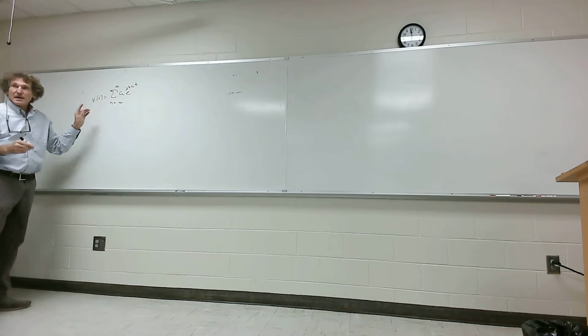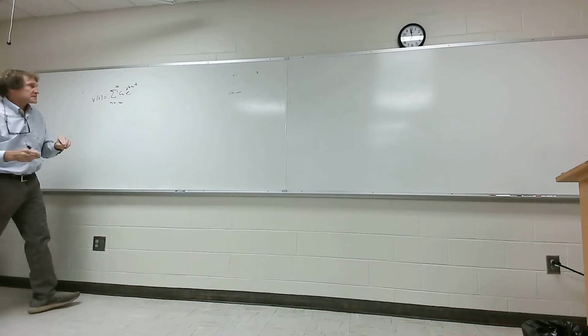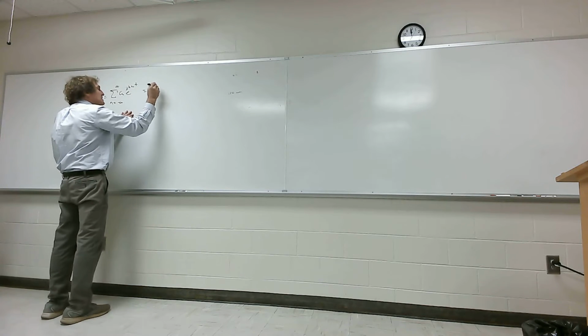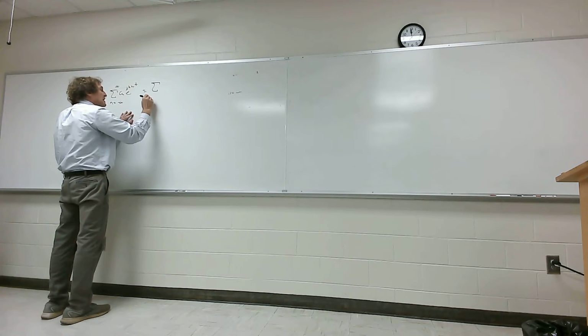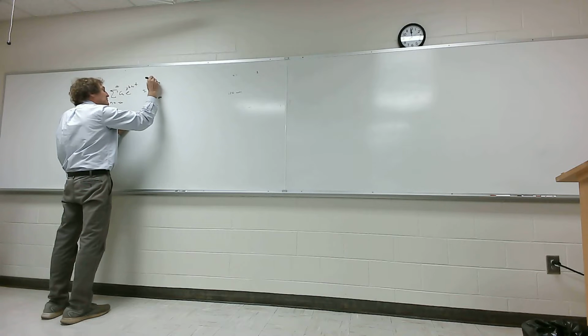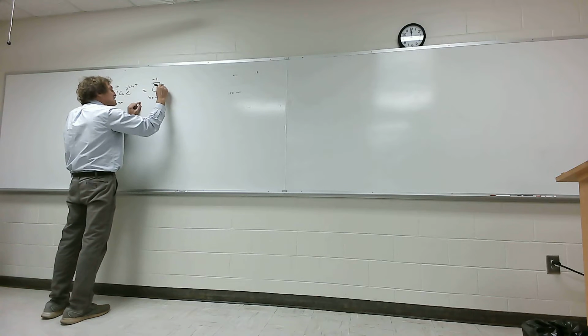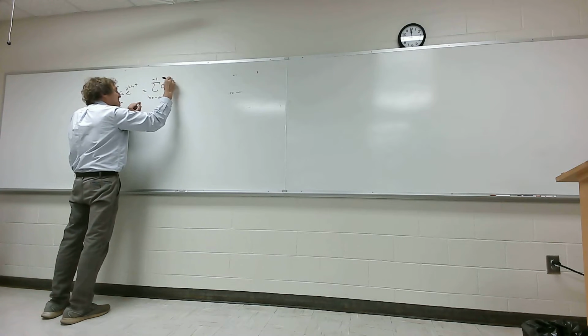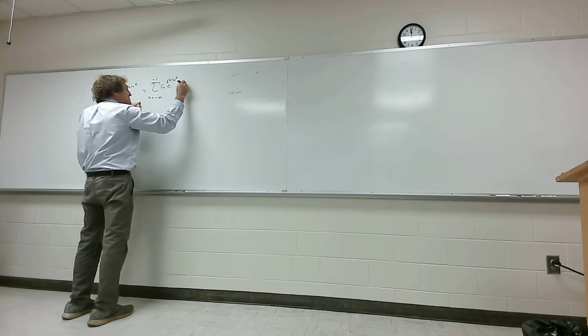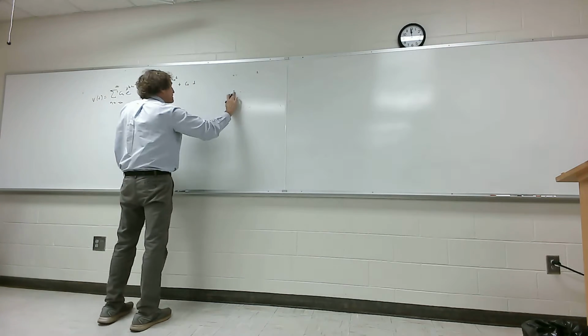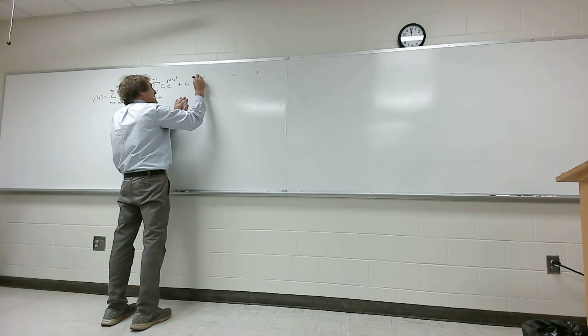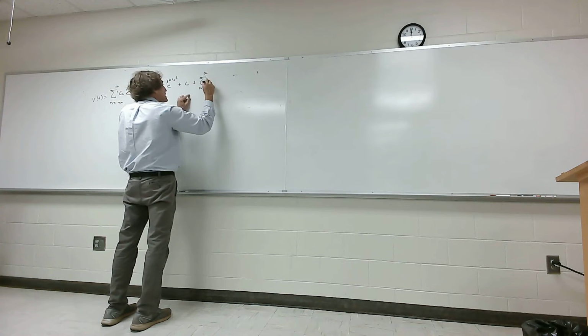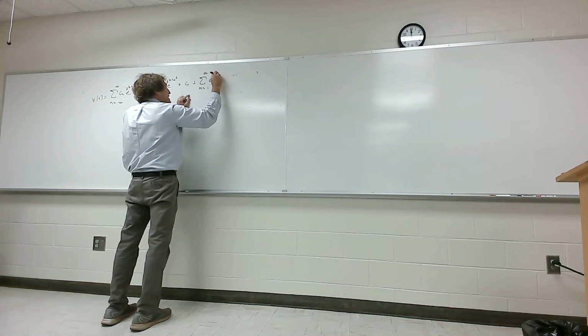I'm going to break this up into 2 series. This is going to be a series from n equals minus infinity to minus 1, C of n e to the j n omega naught t, plus C0, plus a summation from n equals 1 to infinity of C of n e to the j n omega naught t.